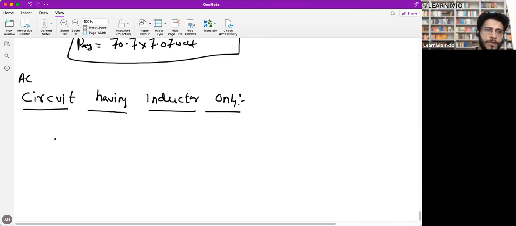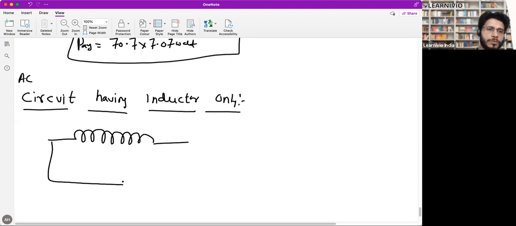So if you have an inductor, this is an inductor. Abdullah, do you remember on what principle this inductor works? On the principle of Faraday's law of electromagnetic induction. Means if a changing current passes through an inductor, then it induces an EMF which opposes this changing EMF.